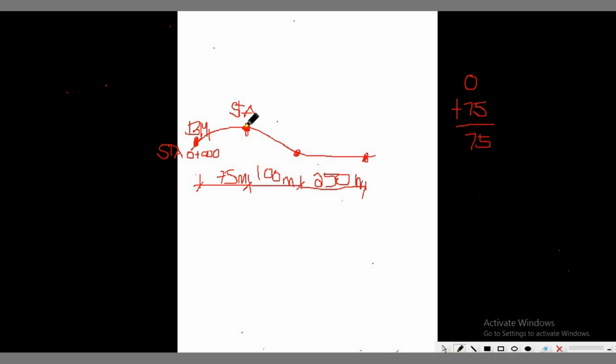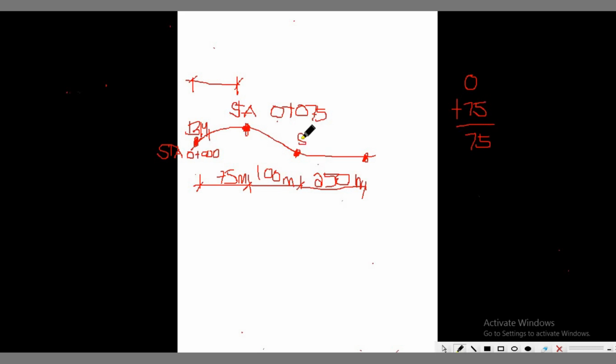So the station here is 0 plus 075. This means from this station to that station, there is a 75 meter interval. What is the name of the third point?